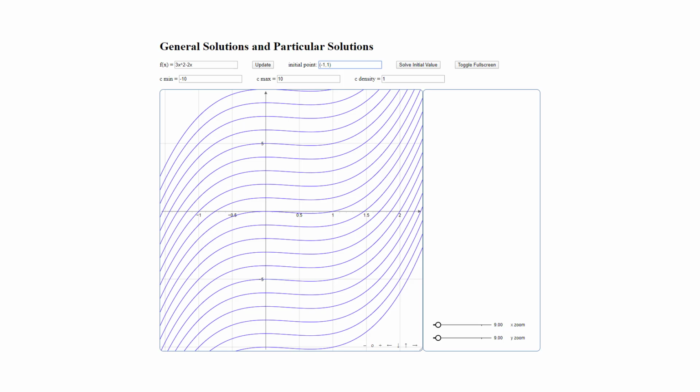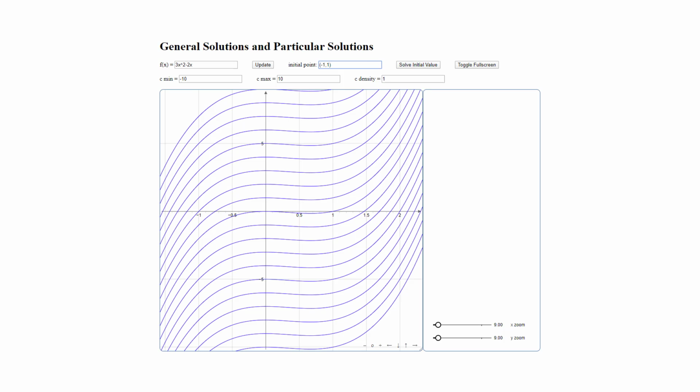And just to show you that this does work, here is the graph of the general solution. I've taken the function 3x squared minus 2x, and I've had this program find the general solution to that and plot it. So the general solution could be any of these particular curves.